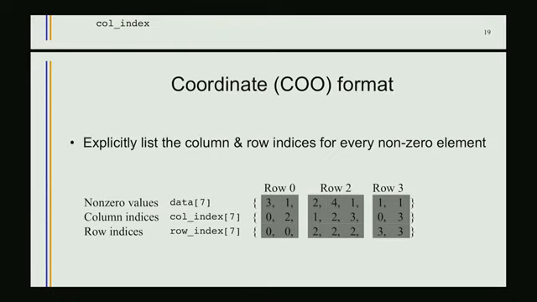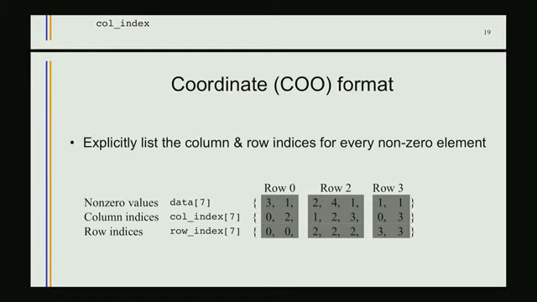Very intuitive. In fact, it's so cool, this format, that I can reorder the data in any order I want, because I know where it belongs, as long as the threads can find them. Make sense?